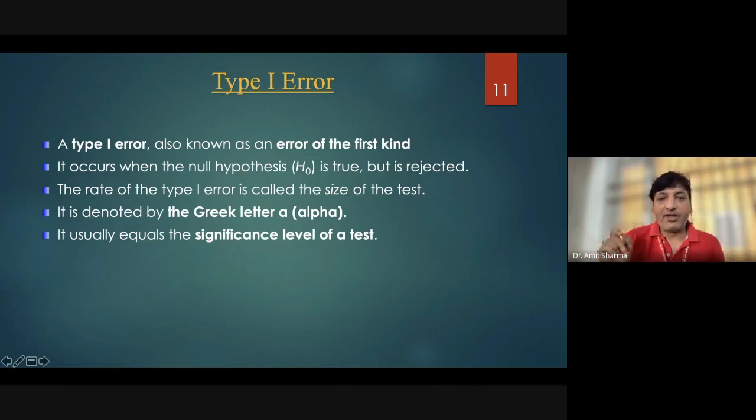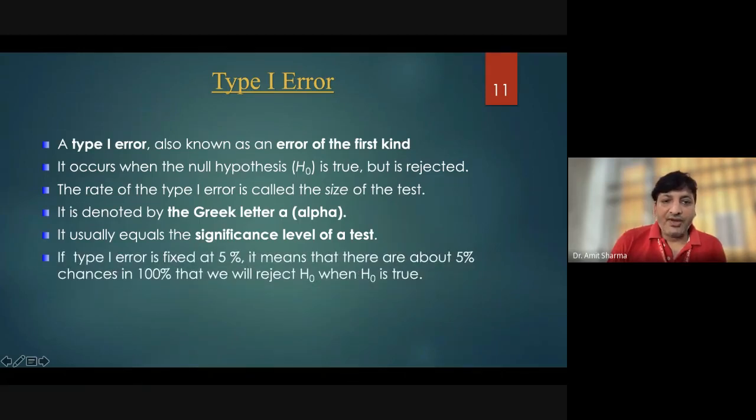For example, if you're considering that the significance level of the test is 4%, you can already assume that type 1 error, how much can occur in your project, will be 4% only. So as you choose the significance level of your study, at the same time you have chosen how much type 1 error you are expecting in your research. So it will be equivalent to the significance level.